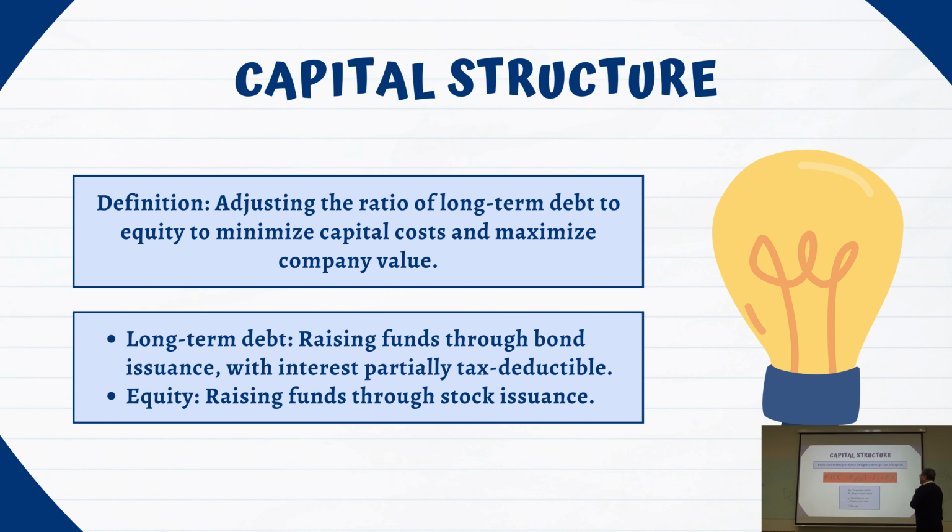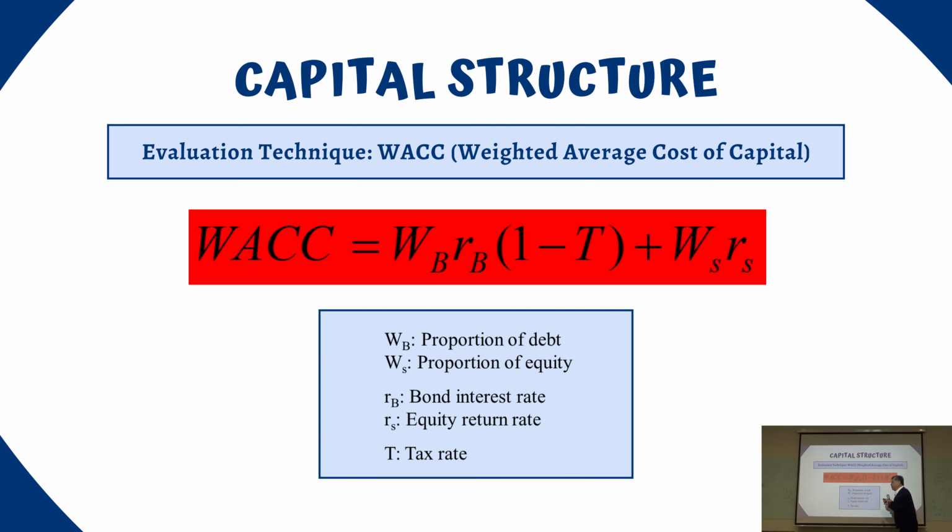Once you have the capital structure decision, you have to decide the amount of money you borrow. Say I issue corporate bonds, but of the $10 million, I issue 5 million in corporate bonds. For the other 5 million, I'm going to issue stock to equity holders to invest in my company.